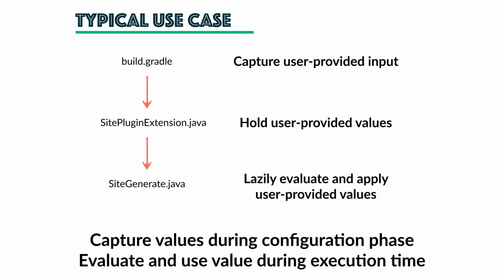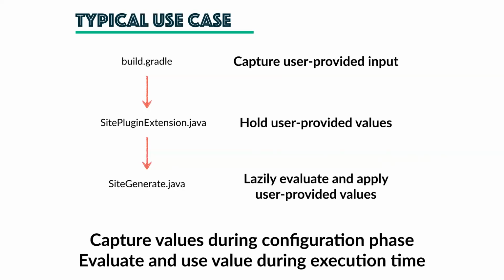But what should happen is that we should wait until the whole build script has been parsed before we actually use those values. So those user provided values usually propagate down to a different domain object. Let's say we wanted to use these user provided values when we run a task. And that task should basically use these property values to assign these values to properties in the custom task.